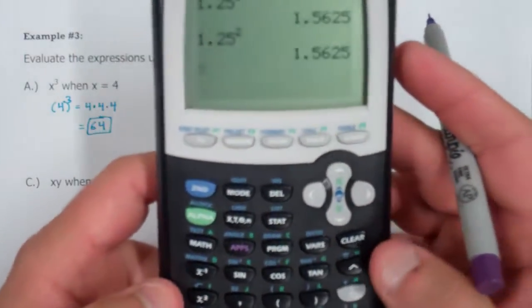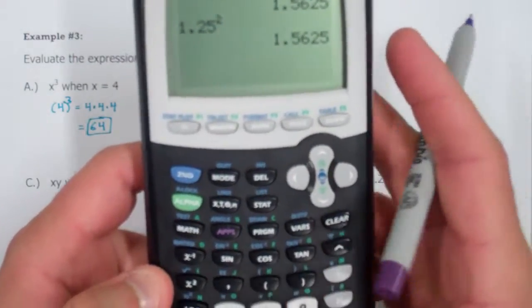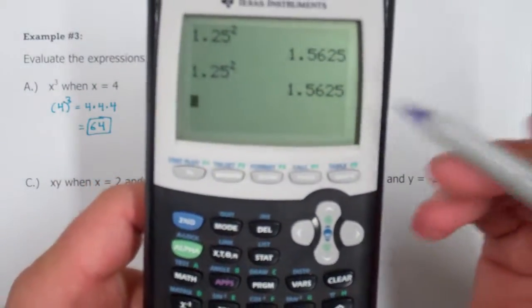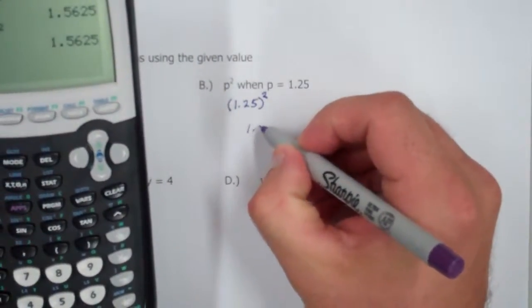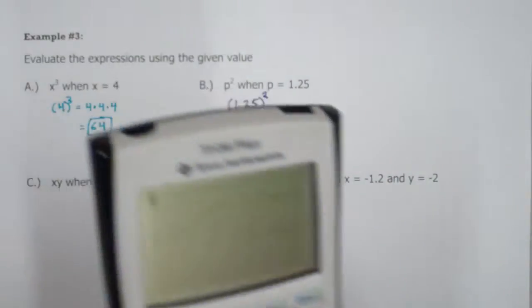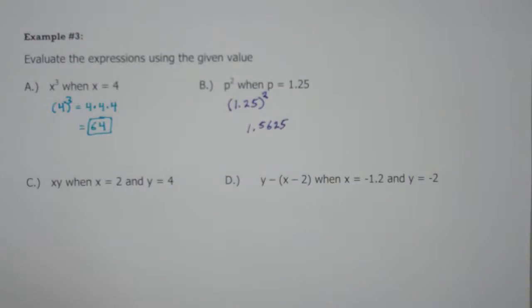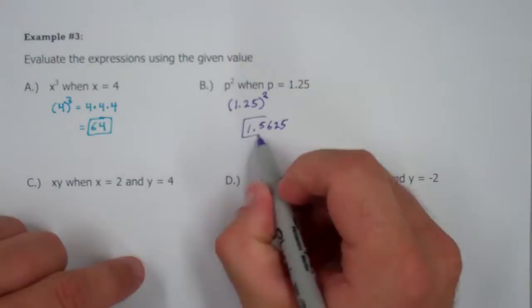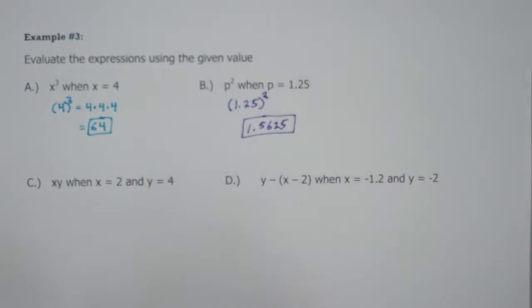You can push the x squared key or do your caret or your hat over here and then do your 2, and you'll wind up performing the same operation. So it looks like we've got 1.5625. Notice how we're not asked to round this at all, so we don't want to lose any value. We want to keep all of that there. So 1.5625 will work.